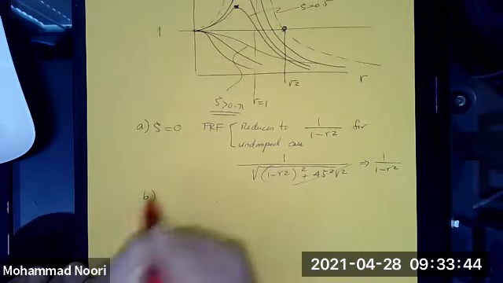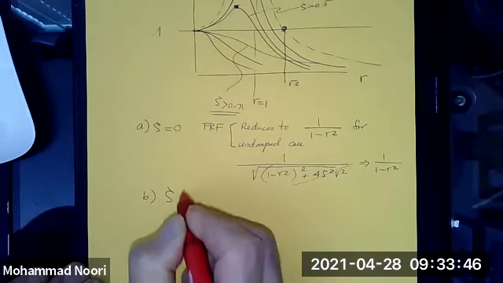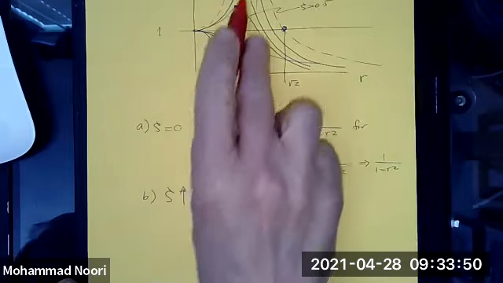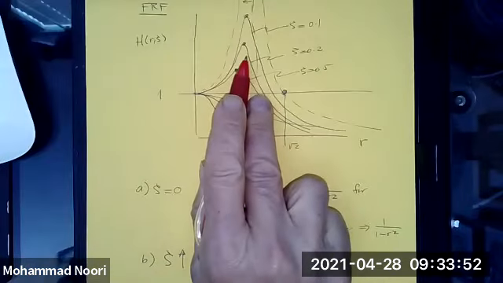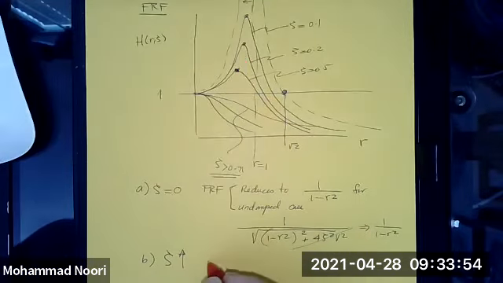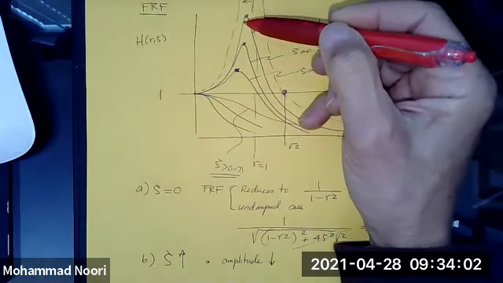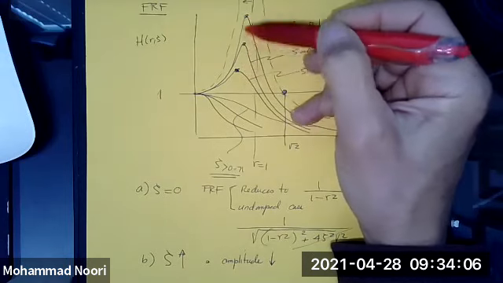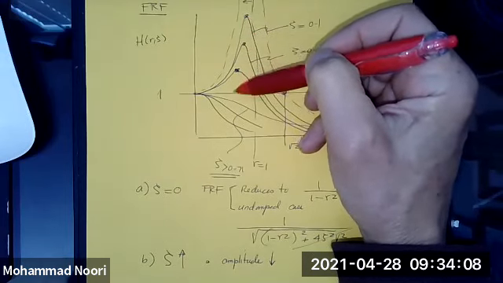Observation number 2, you will see, and we will prove that as zeta increases, you see that amplitude will decrease because the maximum value of this frequency response function decreases.